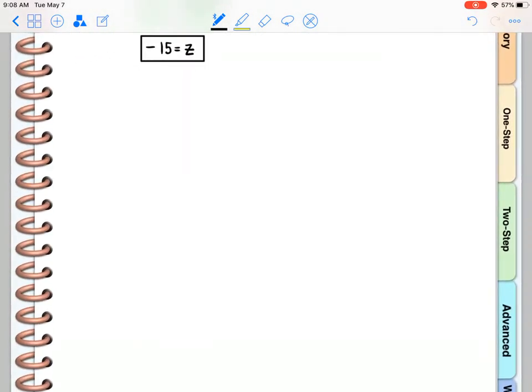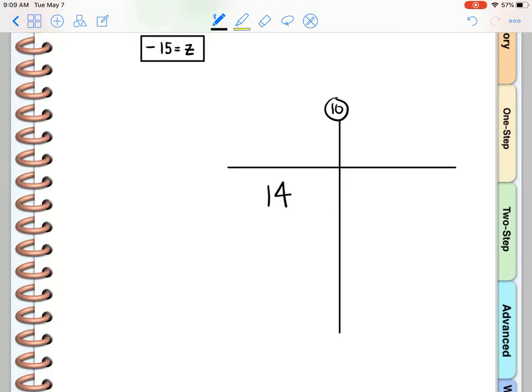And last but not least, we have problem number 10. And this one is 14 equals d over 9 plus 4. So the variable side is on the right this time, and the constant's on the left.